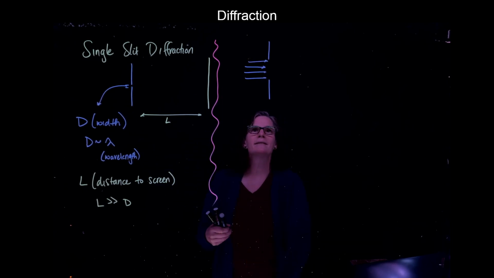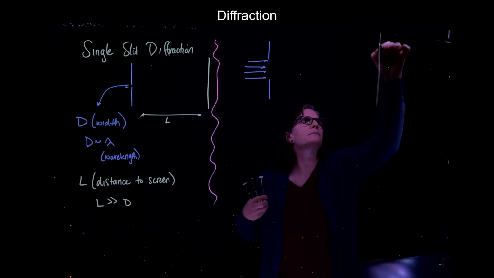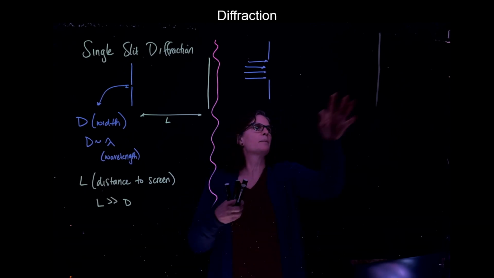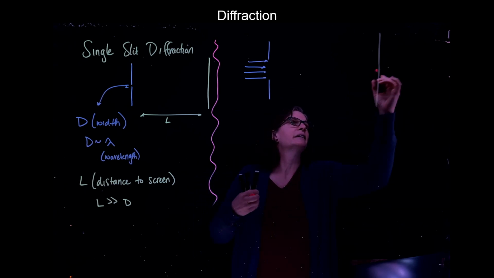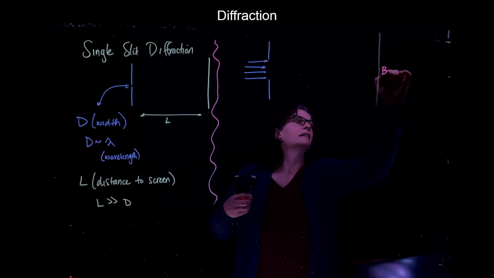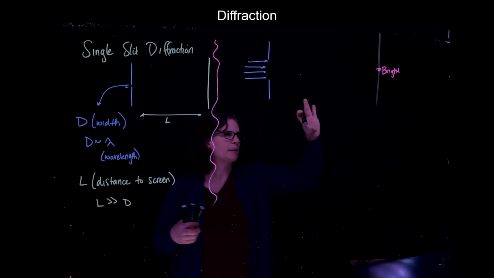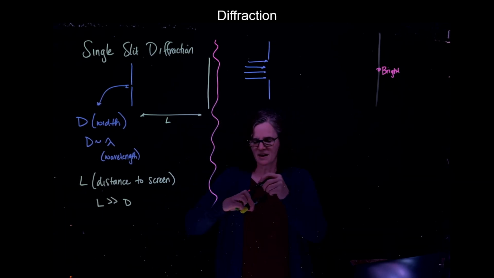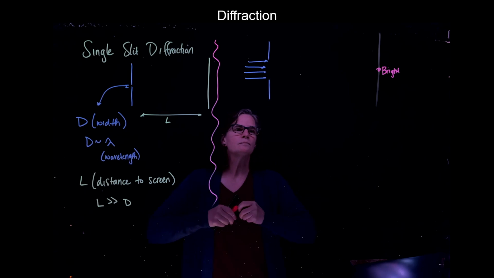So if we imagine the parallel waves of light coming through, they're going to hit the center of the screen in a bright spot. So we're going to get brightness right at the center of the screen, right? That one's not too difficult to figure out.